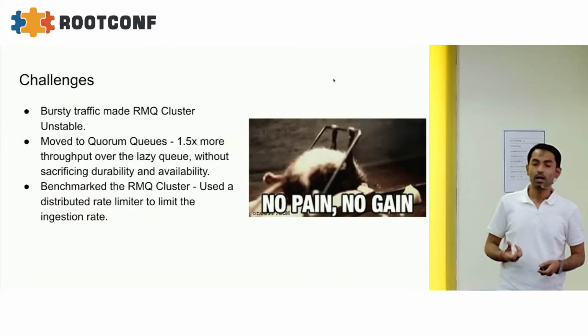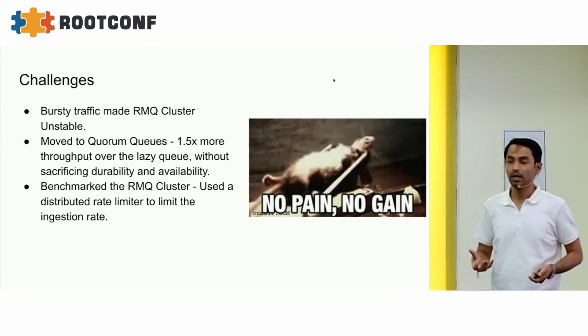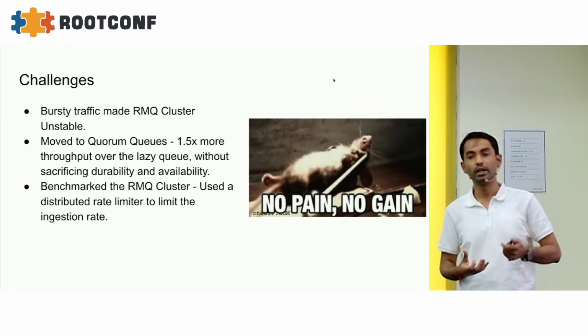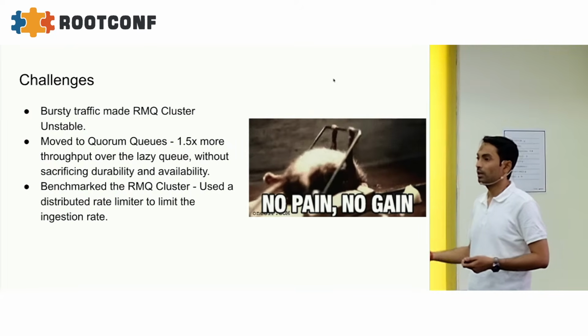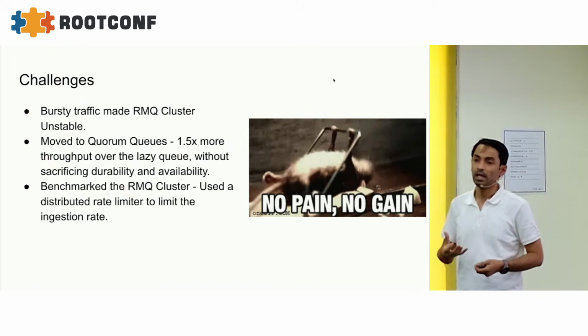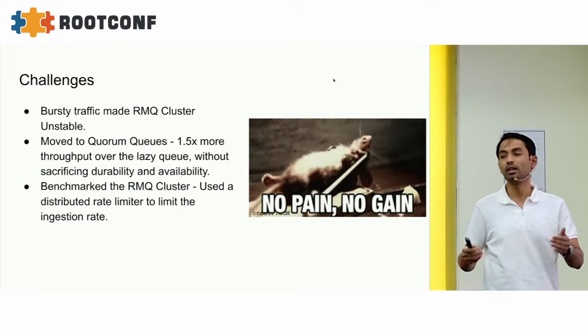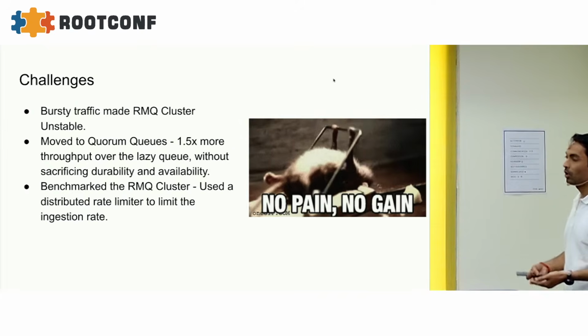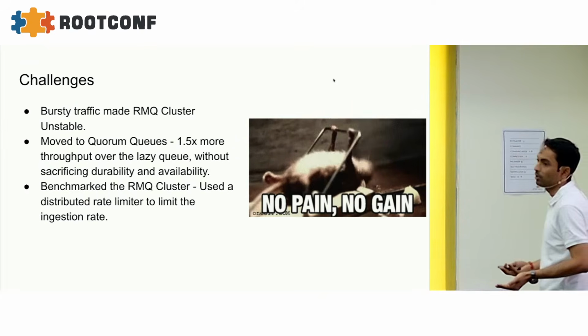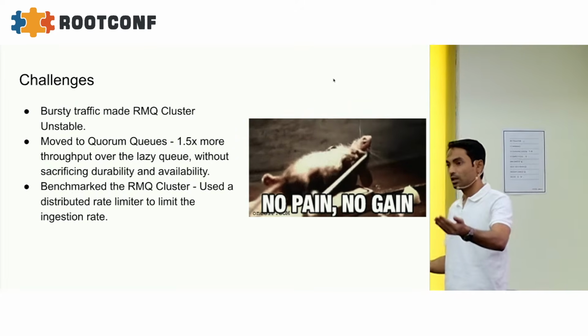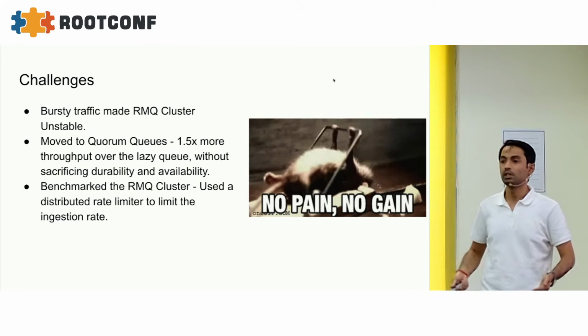Based on our benchmarking, we set up a distributed rate limiter to protect our database from going down. I will cover how we did that. We enabled back pressure because we can't control our client traffic, and we can't ask clients to stop scheduling at midnight.